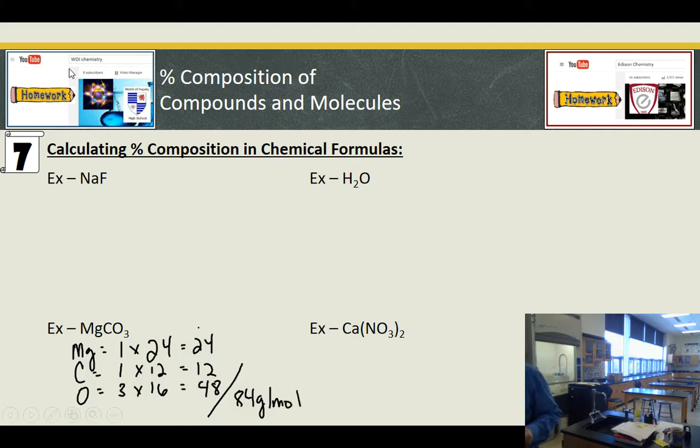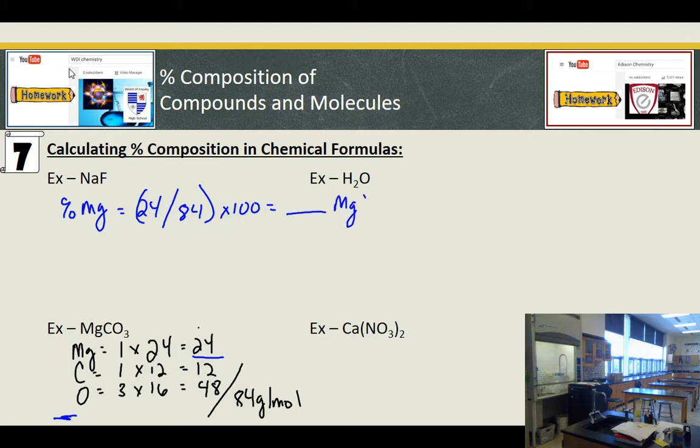Okay. And then you're going to follow along on the bottom down here. I'm going to write up top because I'm out of room. My percent magnesium is going to equal 24 divided by the total, which is 84. Put that in parentheses, and then times 100, and that's going to equal my percent Mg.